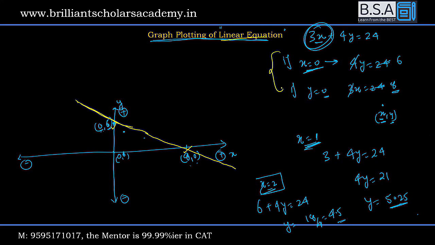Intercepts. You see the equation has power 1. It has two variables x and y. So in 2 dimensions, in Cartesian coordinates, you can plot the graph like this. Put x equal to 0, you get the y intercept. Put y equal to 0, you get the x intercept.